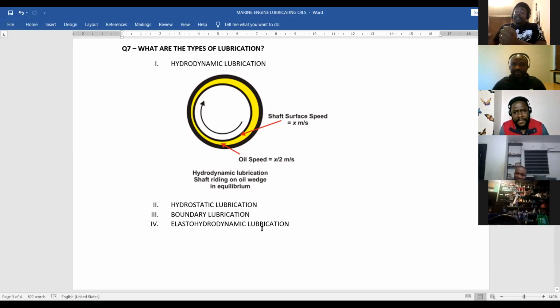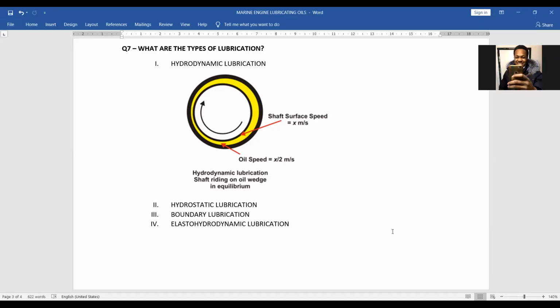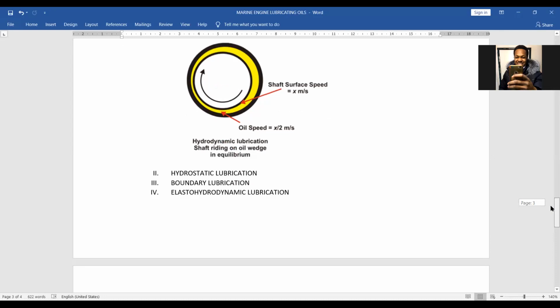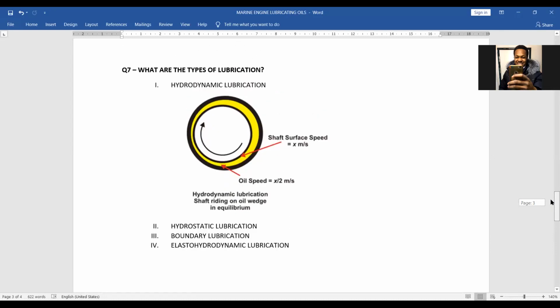For someone preparing to do your first engineering certificate or OW, the examiner will want to know that you understand the functions of lubrication. I know the slide is going towards the types of lubrication. So he wants you to know that lubricants act and do different things.